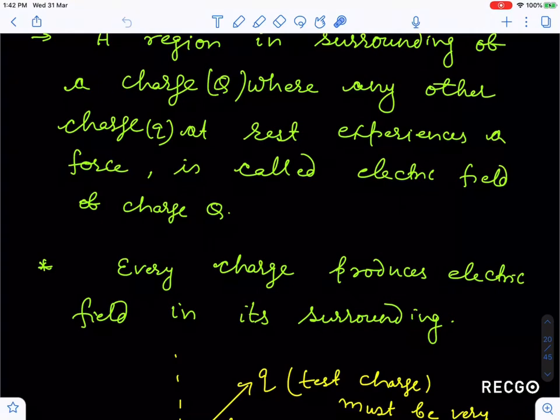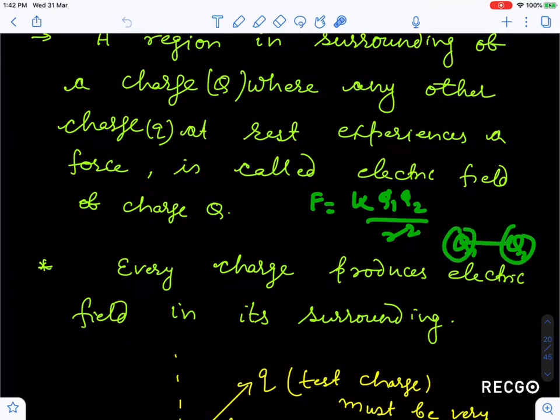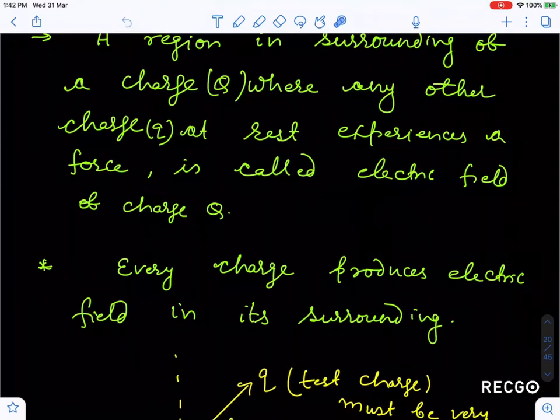What we have studied earlier, force is equal to k q1 q2 divided by r square. Since these charges are not in contact, they are kept at a separation r, how are they experiencing force on each other? Because of the creation of a field by each of the charges. Their fields interact, and that's why they exert force on each other. So every charged particle produces electric field in its surrounding.